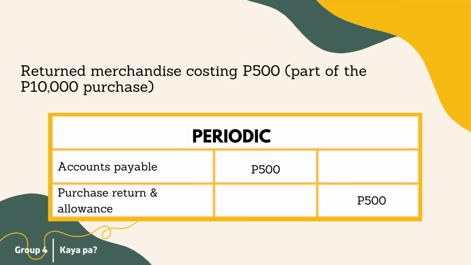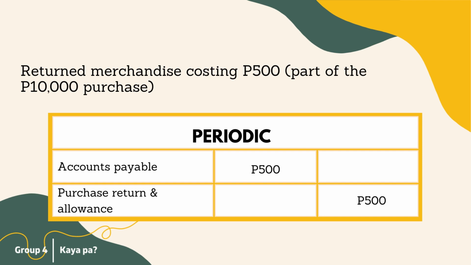Another problem. Returned merchandise costing 500 pesos. Part of the 10,000 pesos purchase. Okay. From the 10,000 pesos purchased, some merchandise was returned, the cost is 500. Okay, so our inventory moved.